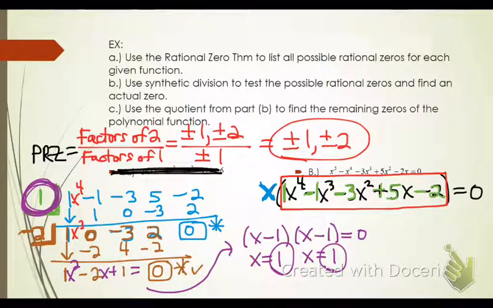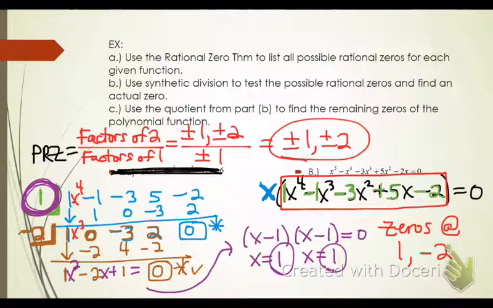When we write our answer, we're going to say that we have zeros at 1, which we actually got 3 times. You don't have to write it 3 times. We also had a 0 at -2.